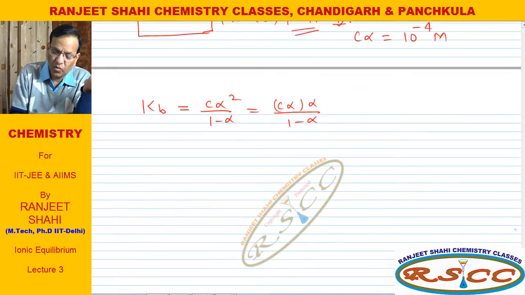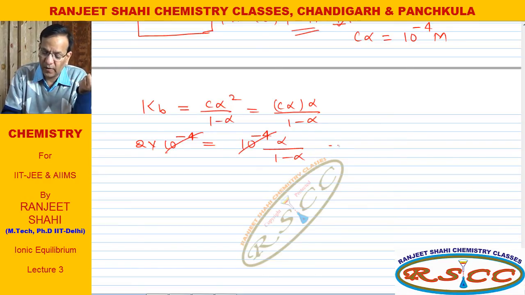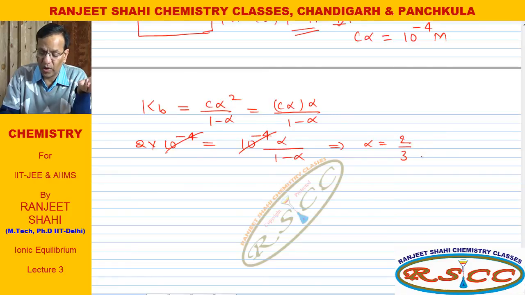Now if we substitute the value, Kb is 2 into 10 raised to the power minus 4 is equal to C alpha, 10 raised to the power minus 4, times alpha upon 1 minus alpha. So it will cancel off, giving alpha is equal to 2 by 3. Alpha is 2 by 3, so it is 0.67, much greater than 0.1. It is not negligible.